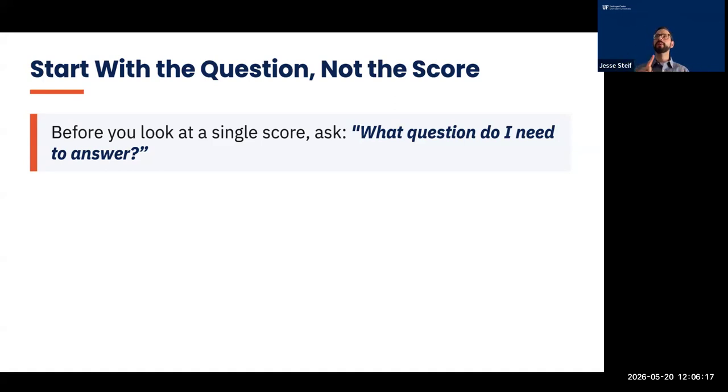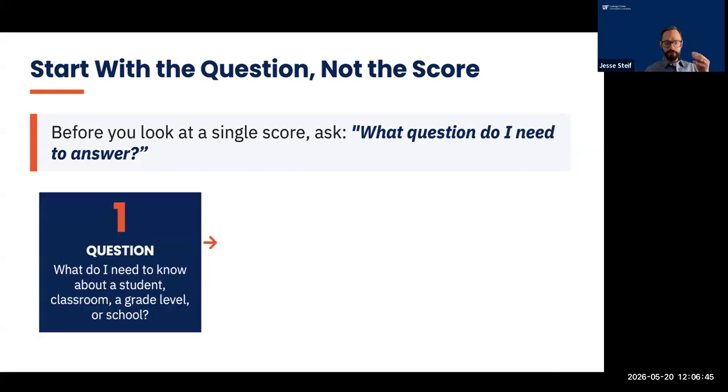We would like to encourage folks to flip a mode of thinking. Instead of looking at our scores first and saying, what can we glean from this? We want to ask, what question do I actually need to answer? And then use that question to guide you to look at all of your different data sources.